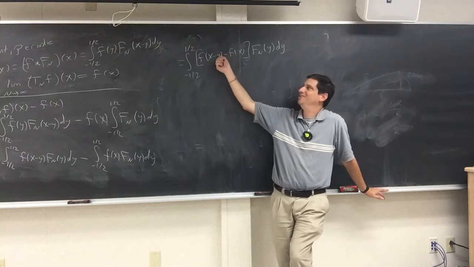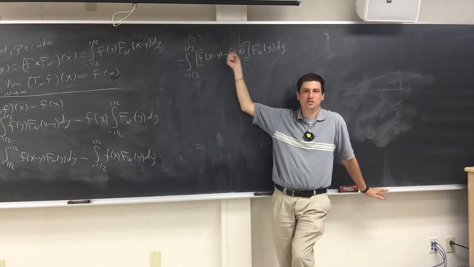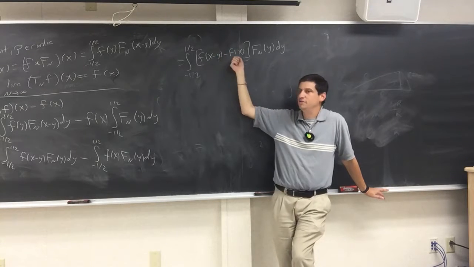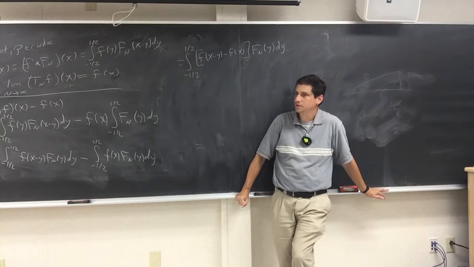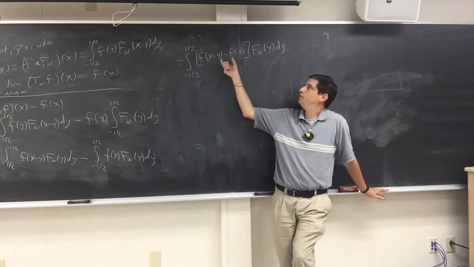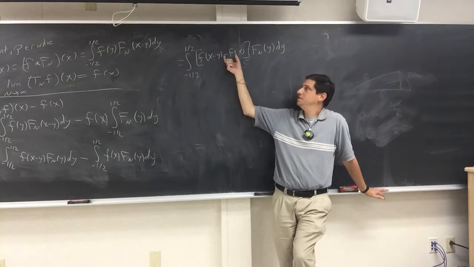Yeah, if y equals 0, it's a pretty easy integrand. It's just 0. What if y is very small? What can you tell me about the integrand? It has to be small because if you're assuming f is continuous, then you can bound f of x minus y minus f of x, if you bound y.